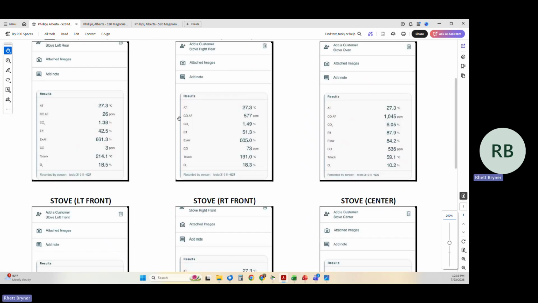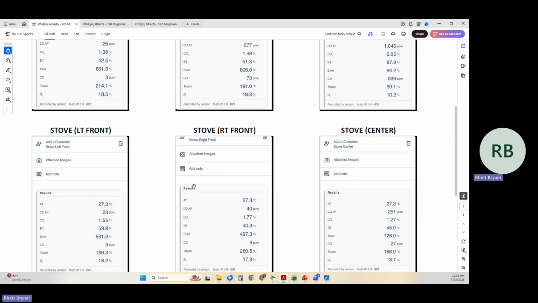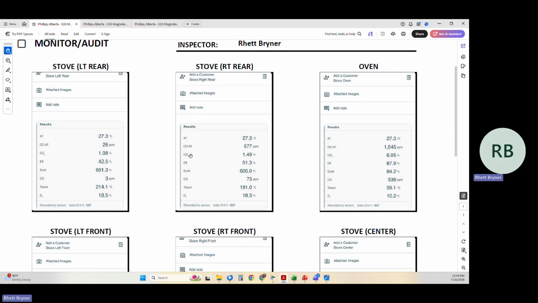All right. So you're going to come in here. You can see this is the stove and oven information up here at the top. So you're going to go through, and of all this information here, this one right here is carbon monoxide, CO. You see that's a 3. And then this one here is a 73.